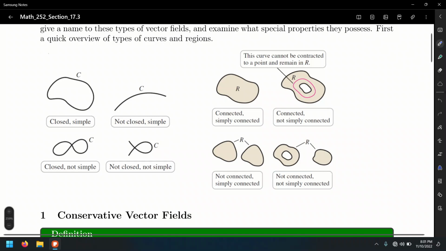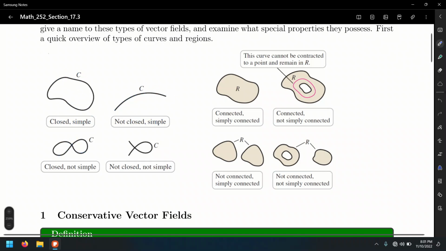So, a quick overview of different kinds of regions. This is just so you don't get freaked out when we look at some definitions. Let's see simply connected regions, or not simply connected, or closed simple. So this is what these regions look like. It's closed simple, not closed yet still simple.